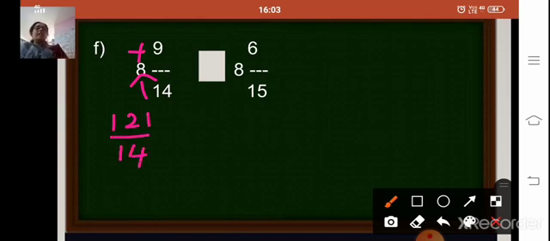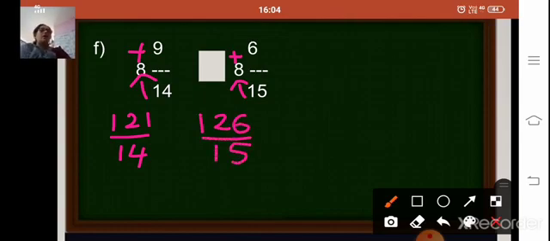Okay. For the second fraction, 15 into 8 plus 6. So when you multiply and add the numerator, you will get the answer as 126 upon 15. Okay. So now the second step for you, that is cross multiply. 121 into 15.